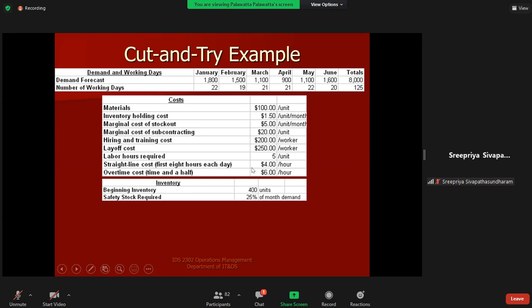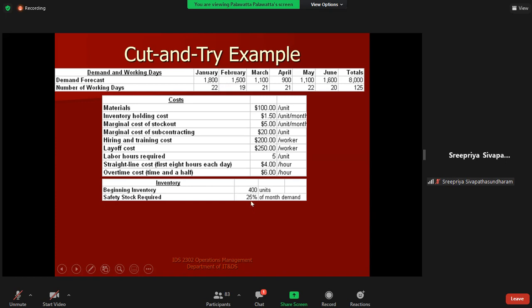Here you pay $4 per hour, but during overtime the payment is 1.5 times regular time. So when you multiply 4 by 1.5, you get 6. So $6 per hour.